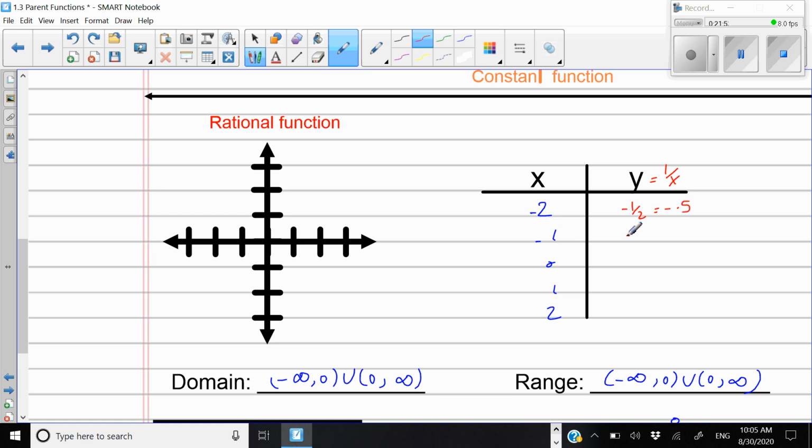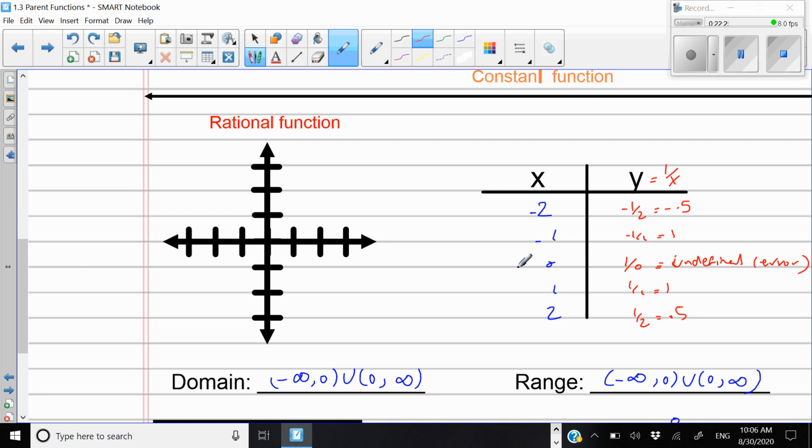I give -1, it will be -1 over 1, which is -1. 0, it will be 1 over 0, which is undefined. If you use your calculator, you're going to get an error for this because we can never divide a number by 0. That's undefined. 1 divided by 1 will be itself. 1 divided by 2 will be 0.5.